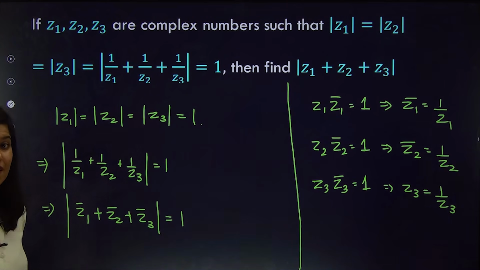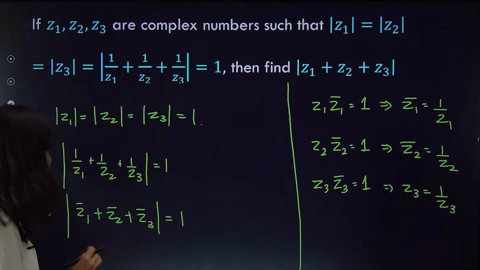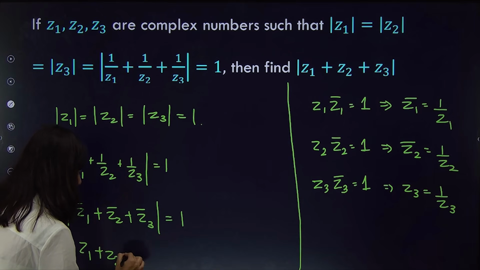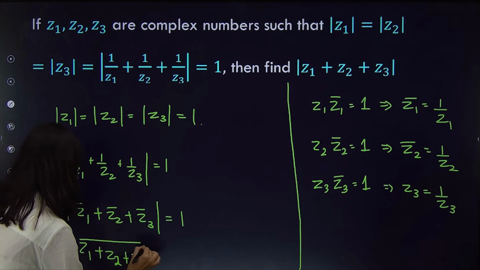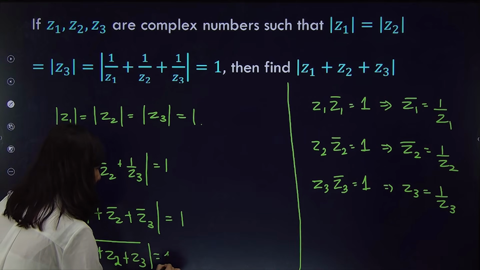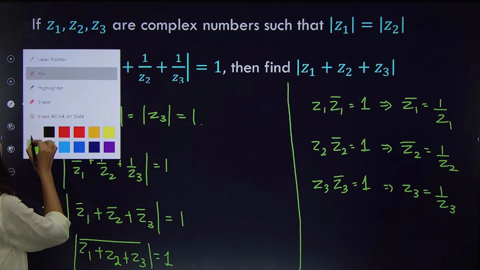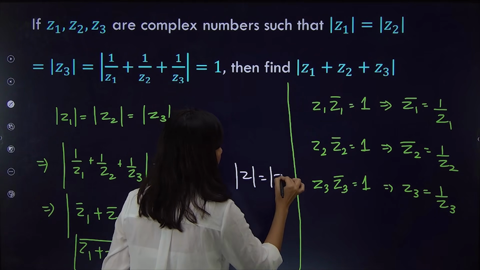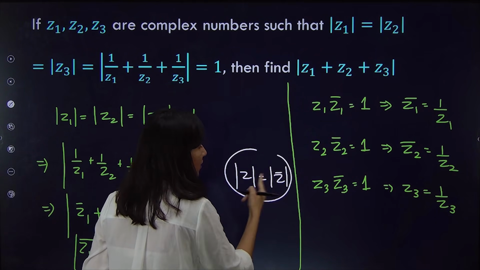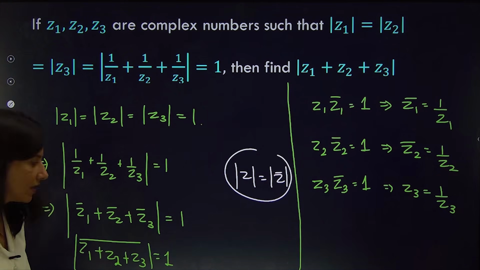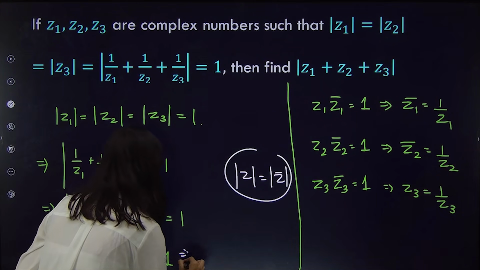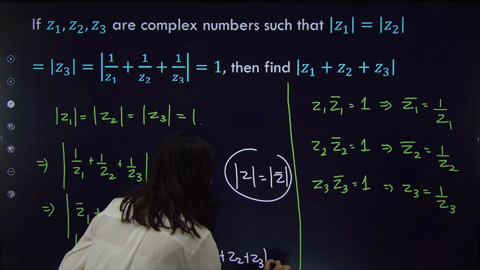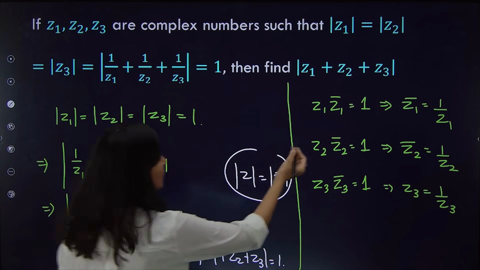Now remember the reverse property of conjugate: these individual bars can be applied as the overall bar. And remember one more property of modulus: mod z is equal to mod z bar. So whenever there is a bar, you can just remove it. So mod z1 plus z2 plus z3 is what? 1 only, right?